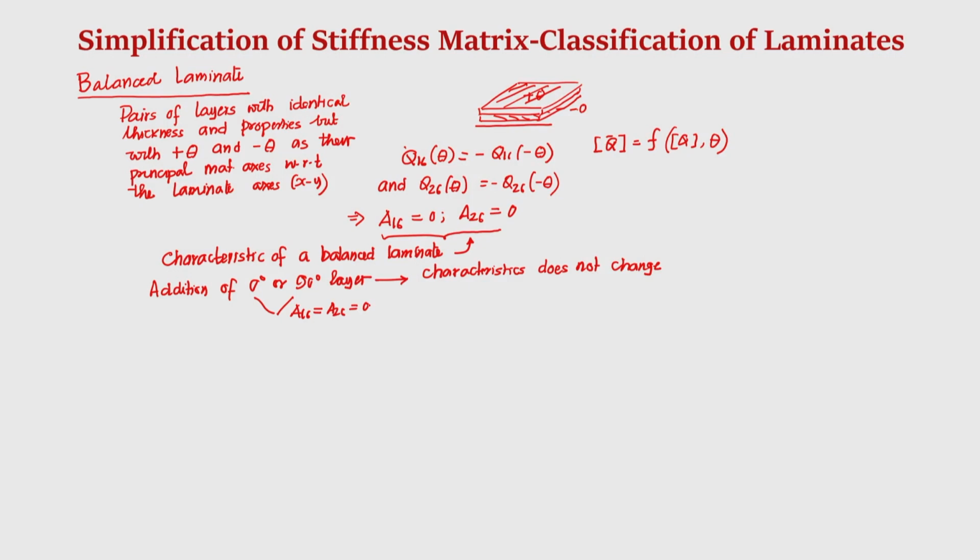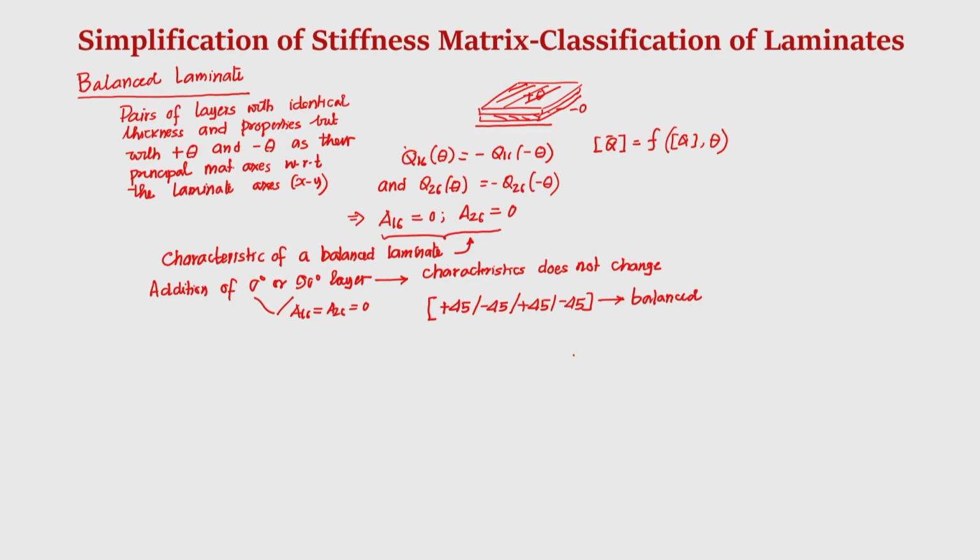Therefore, if we say there is a balanced laminate, say plus 45, minus 45, again plus 45, minus 45. Okay. This is balanced. It is not symmetric, but balanced.